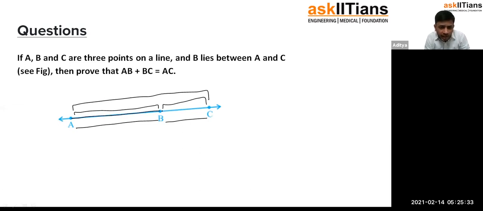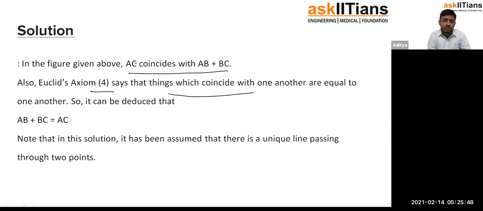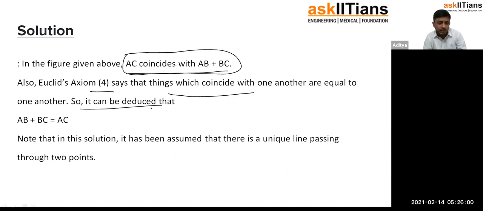To this, if I add the length BC, of course, we are going to get this entire length. And we can observe that this entire length is exactly coinciding with AC only. Hence, since they coincide exactly, using Euclid's axiom 4, things which coincide with one another are equal to one another, and hence it can be deduced that AB plus BC would be equal to AC.